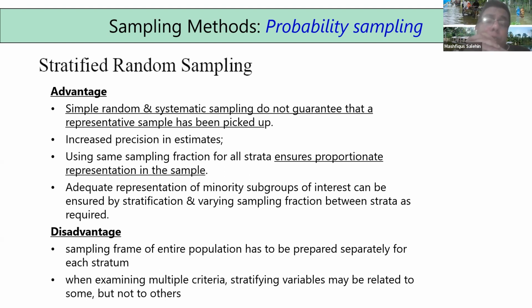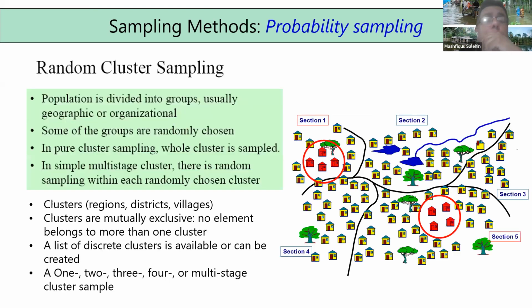Normally we get this from census data or other survey data, from secondary information, that we can use in preparing our sampling frame. Or we can go out and do some primary survey to update our population list and make sure that the sampling frame gives a good picture of our population.